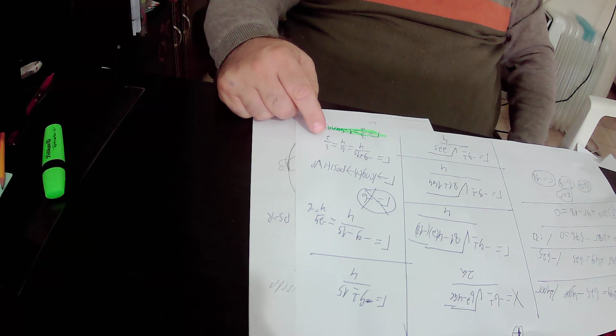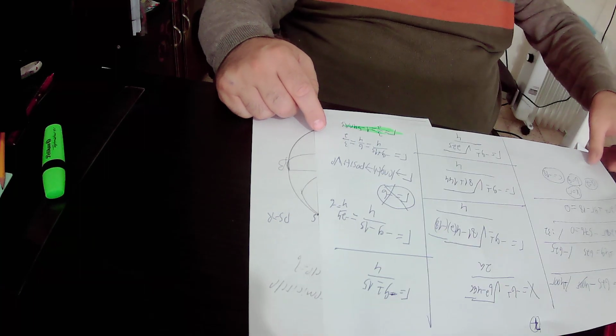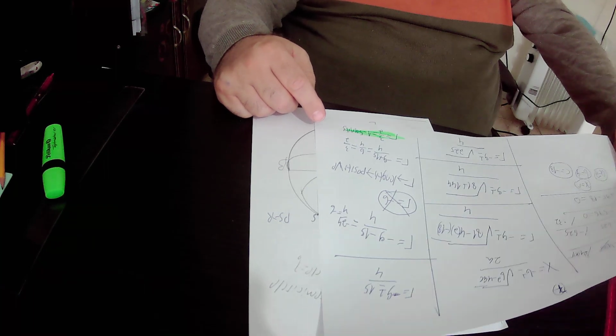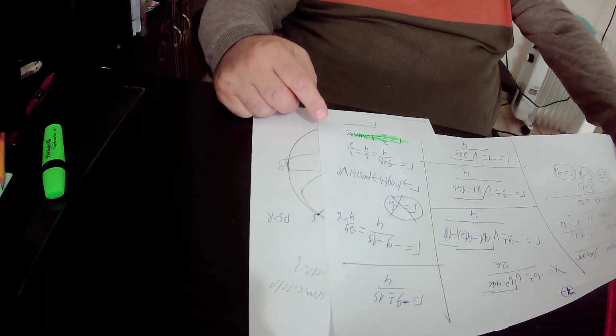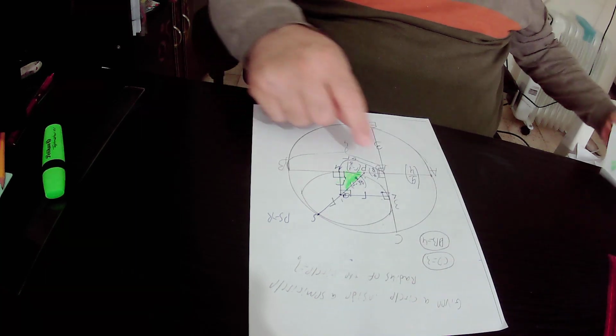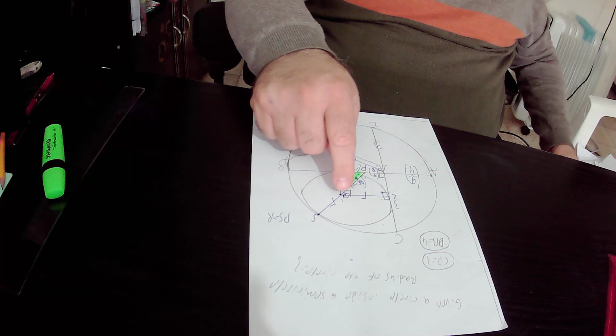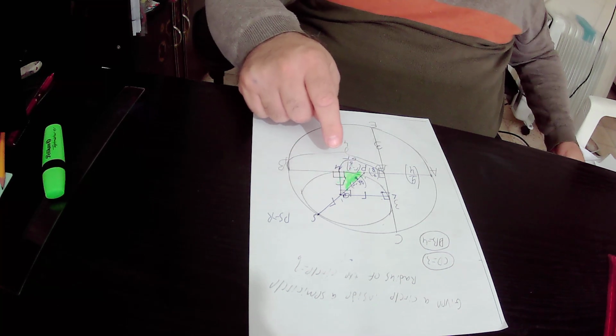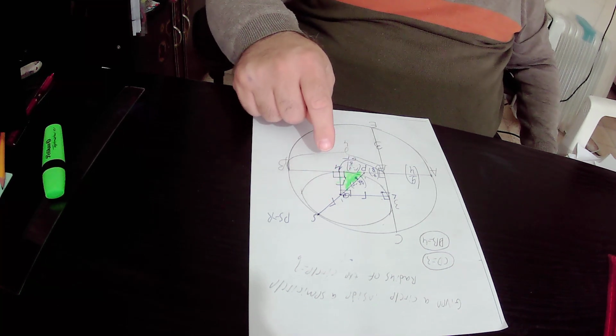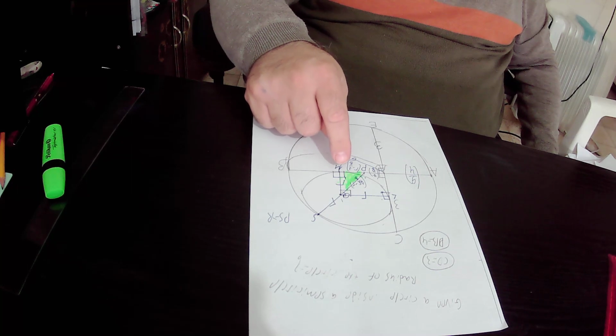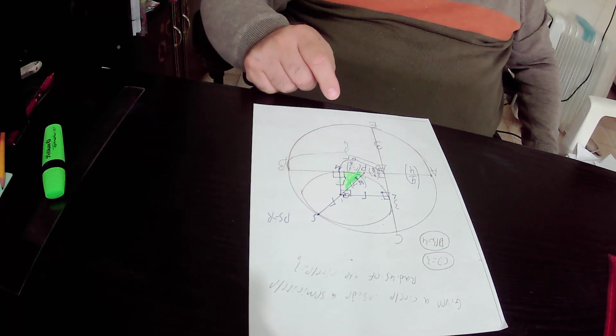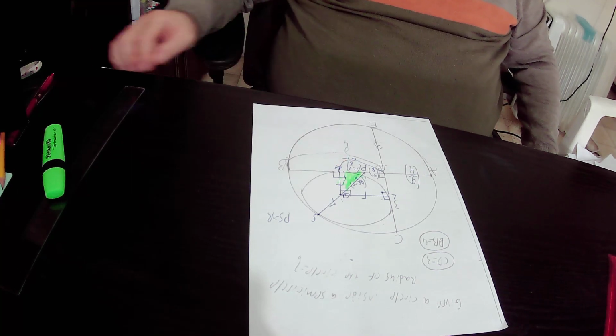So in conclusion, r, the radius of this small circle, is equal to either 3 over 2 units, or we can also represent it as 1.5 units. Okay? Thank you very much.